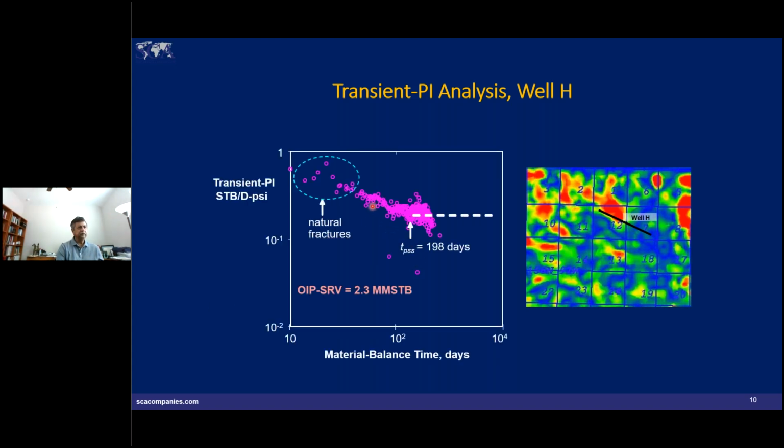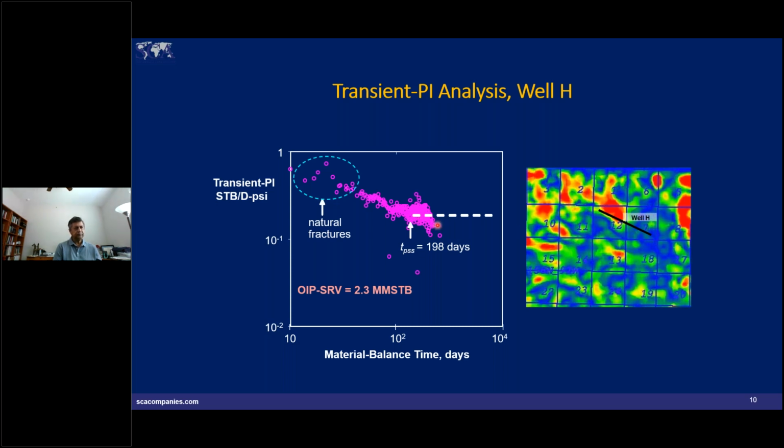And this is also observed with another tool, the Colorado School of Mines transient PI approach. Sorry, we don't have time to get into details. What the authors were showing is that if this domain becomes horizontal, and this is a trial and error solution, then we know that we have seen the stimulated reservoir volume.